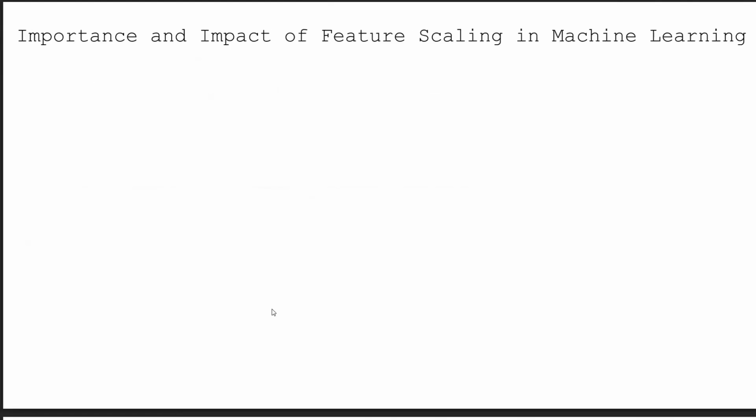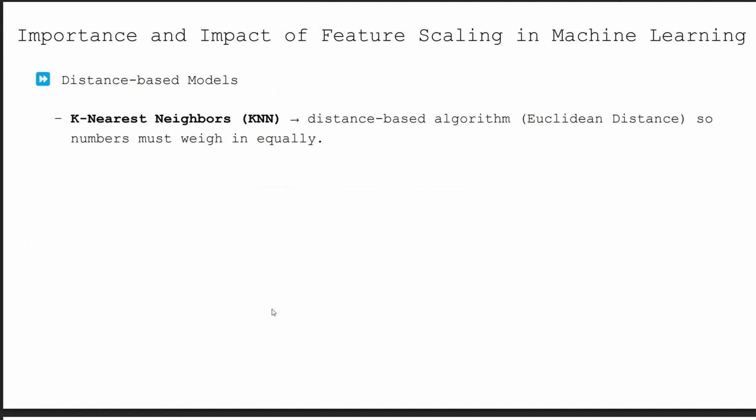Now let's look at the importance and impact of feature scaling in the ML models. Take distance-based models, like the KNN model we took as an example initially. If we do not scale the features, then because one or two features have higher magnitude values, data points will be considered close and neighbors only if they have closer values in those particular features.